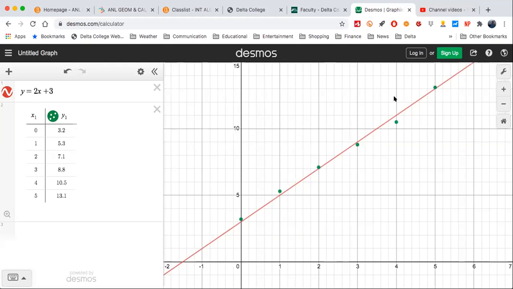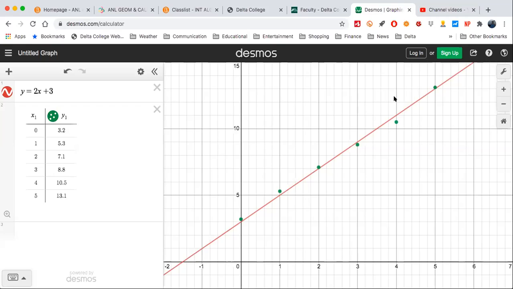So notice that the red line actually fits kind of nicely to some of those points. They don't fit exactly, but it looks like it could be an approximation to the equation that would best fit those points. What we're going to look at with linear regression is coming up with the equation of a line of best fit.